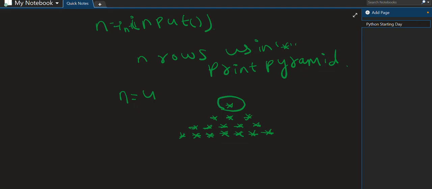In the first row there will be one star, and here some space will be there.